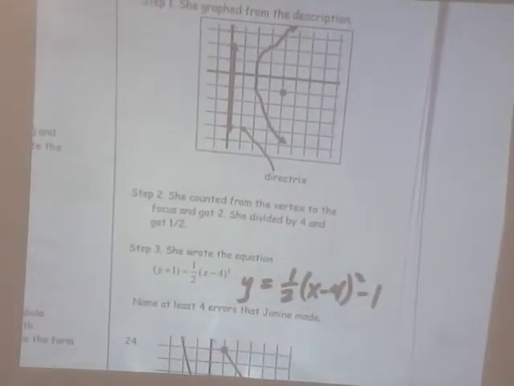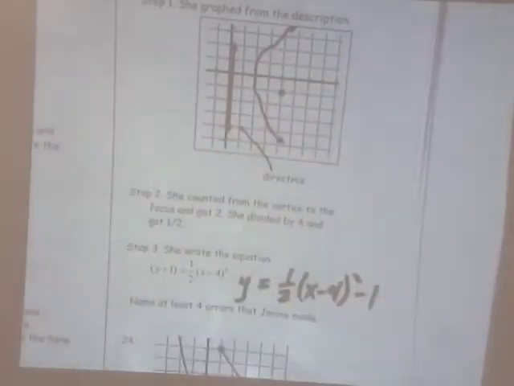Okay. So she got her a value wrong, didn't she? It should have been what? If we're using her graph, what should her a value have been? 1/8, right? Yeah. So her a value is wrong.